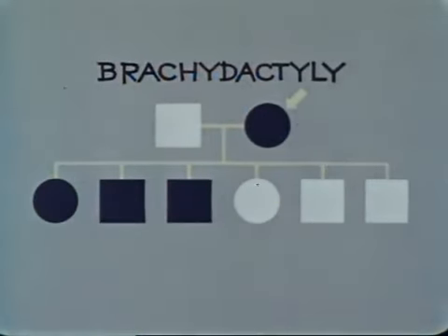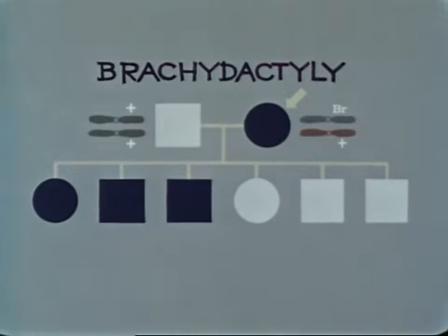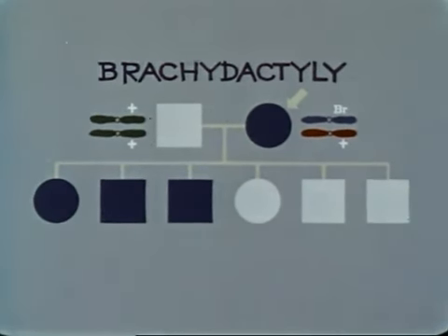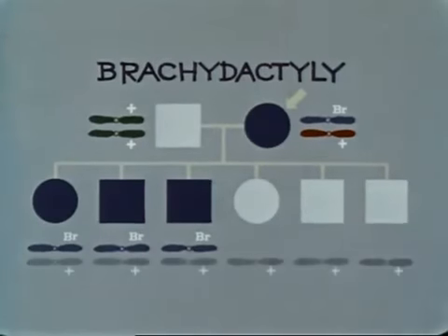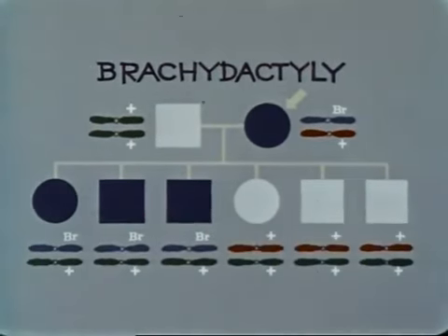This result is expected when the responsible gene is located on one of a pair of autosomes, since only one of each pair is contributed to a given offspring by the affected parent. The chromosome given to a child may, with equal likelihood, be either the one bearing the mutant gene for brachydactyly or the one bearing the normal or wild-type gene.